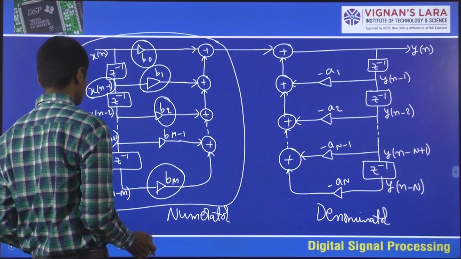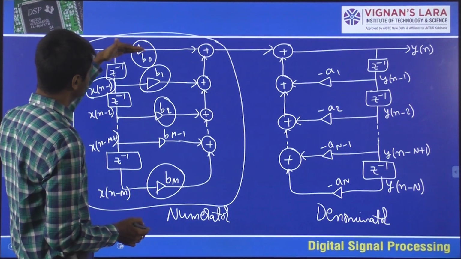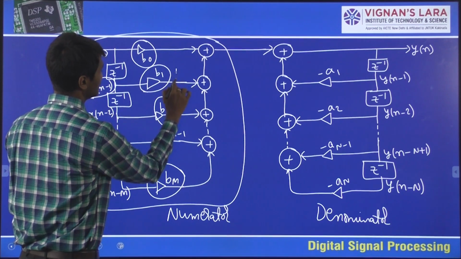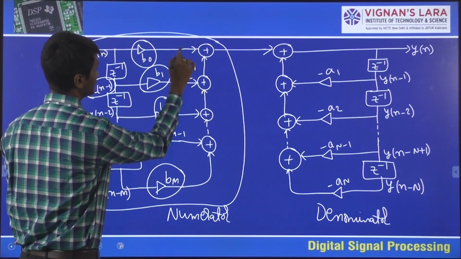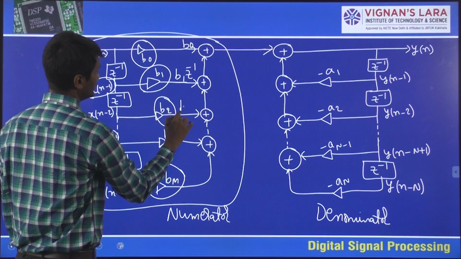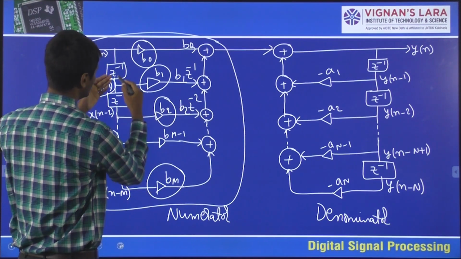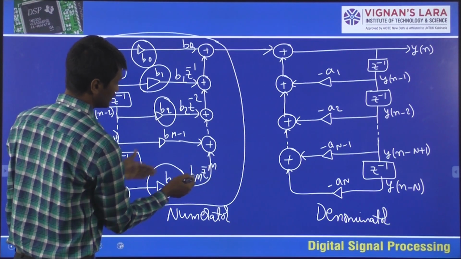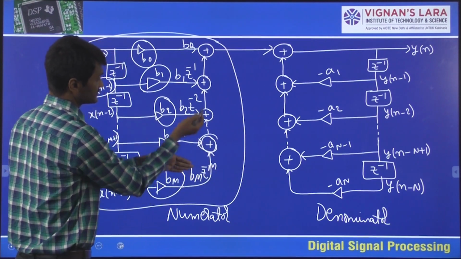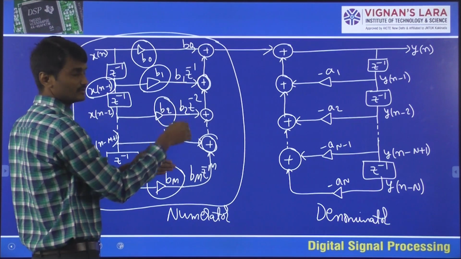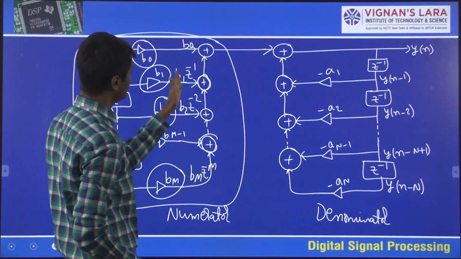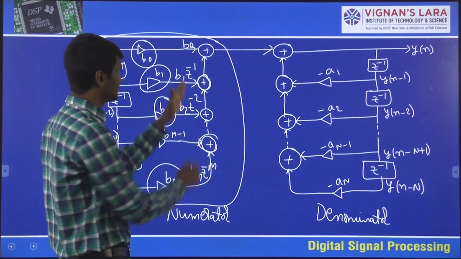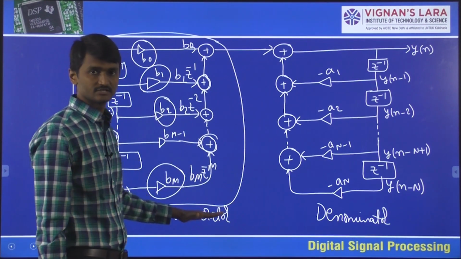So b naught plus b1 z power minus 1 is coming here. So b1 z power minus 1 is coming. So here it is b naught. So b2 z power minus 2, because two delay elements, like bm z power minus m. So in between all are additions. So finally it will become b naught plus b1 z power minus 1 plus b2 z power minus 2 and so on, bm z power minus m. This is about the numerator part.